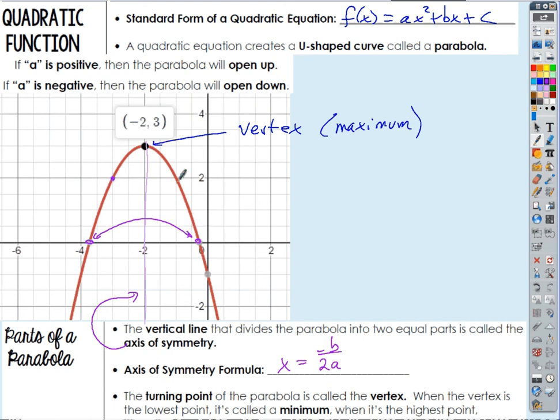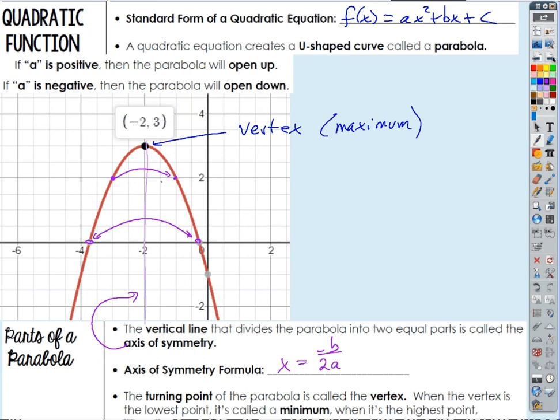Here's another pair of points, there and there. The points that have the same y values, aren't they? Those are going to be reflections of each other. But what about the vertex? What's the reflection of the vertex? Itself, right? It's right on the axis of symmetry, and so it folds onto itself. So the vertex is on the axis of symmetry.